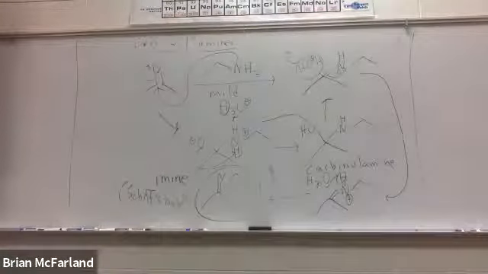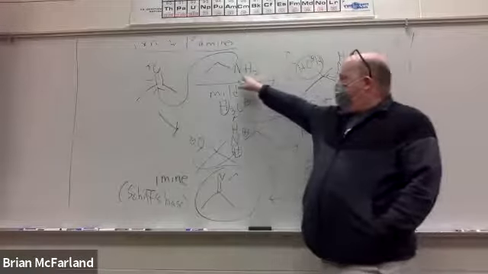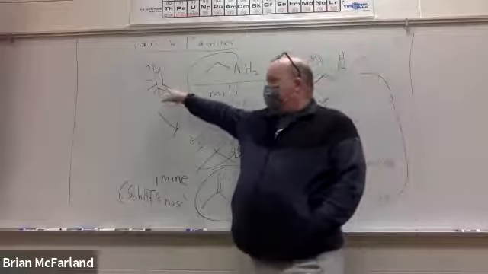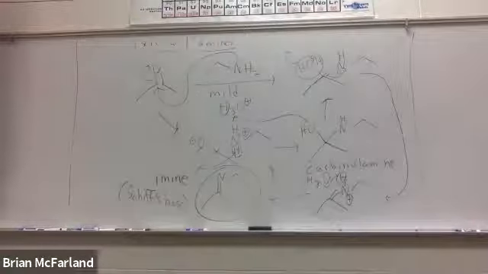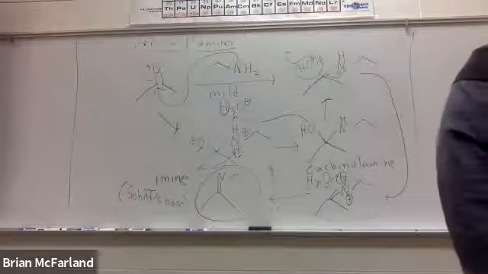Okay. So anytime you see the carbon-nitrogen double bond linkage, that's called an imine linkage. And you make it this way: primary amine, aldehyde or ketone in a mildly acidic environment. Okay. Any questions so far?